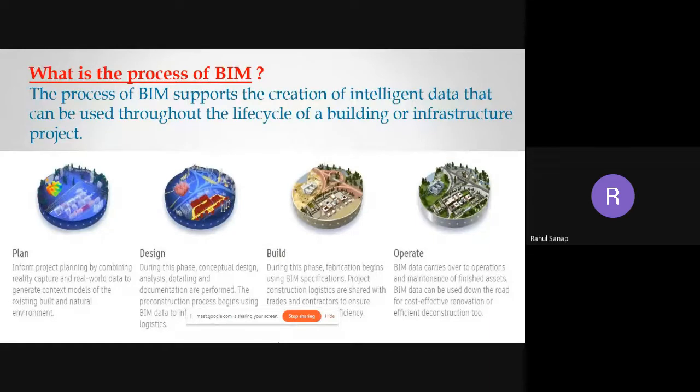For the planning phase, we can know how to plan it and which software we are generally going to use. In the design phase, conceptualization will happen. Then your analysis and design part. Then your documentation of what you design. That part we can keep in documentation format, or in Excel, or in presentation format. All those things will happen under your design phase, starting from design to your documentation part.